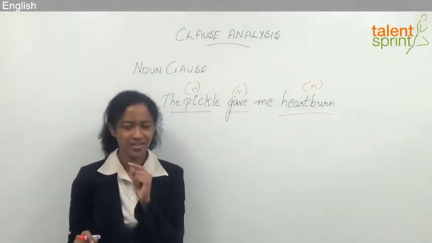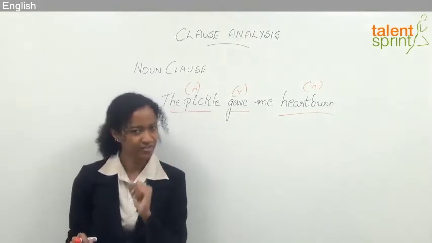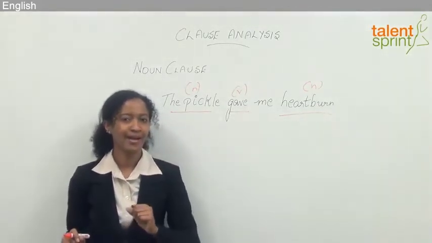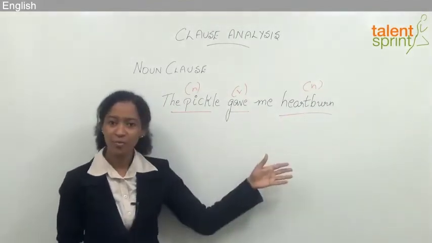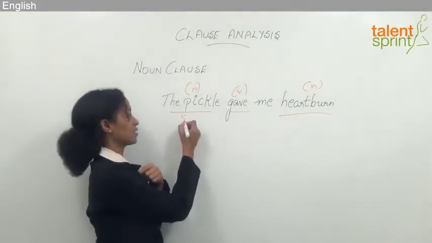Now, how do I identify the subject? I identify the verb and then I add who or what to it. So, what gave me heartburn? The pickle. So, the pickle is my subject.